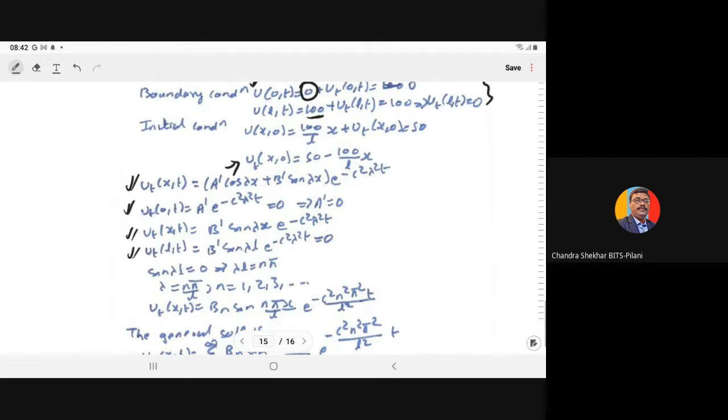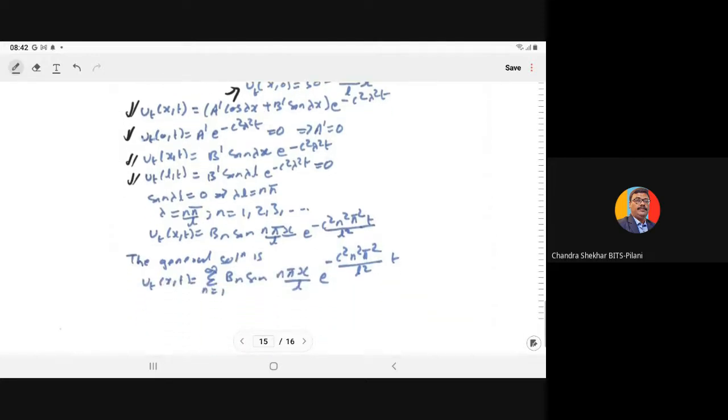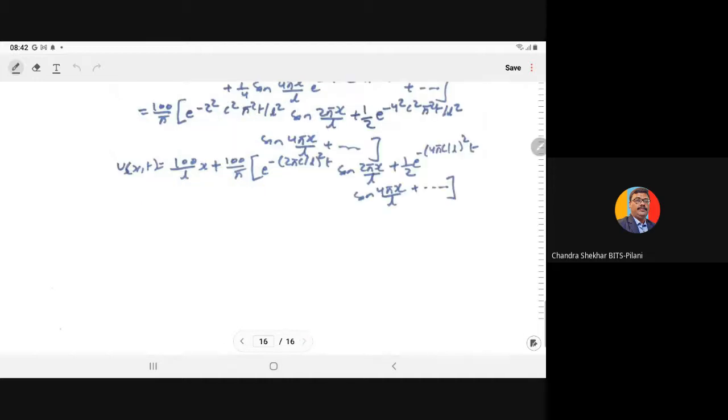So ut will become bn sin of n pi x upon L e to power minus c square n square pi square upon L square into t. So the general solution will be ut is equal to summation n is equal to 1 to infinity bn sin of n pi x upon L e to power minus c square n square pi square upon L square into t. That is the ut.